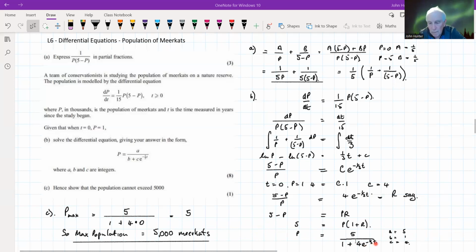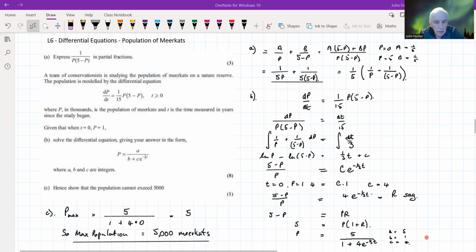Again, if you're not completely convinced, just pause the video and have a go through that yourself. That gives us A, B, and C. We can see that it is of this form, with A = 5, B = 1, and C = 4. So that basically is the solution to B.